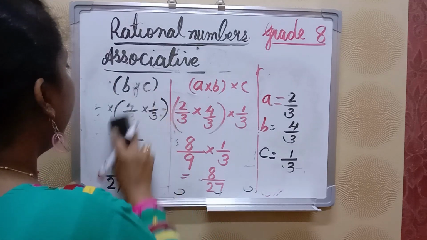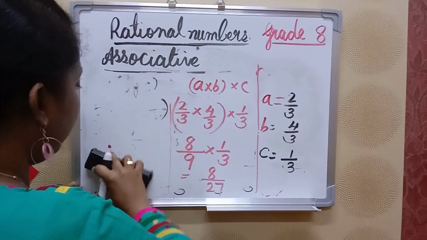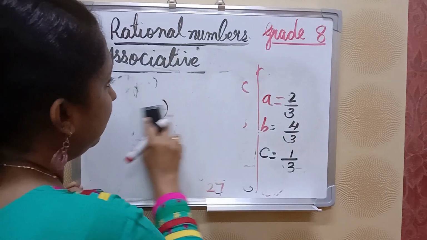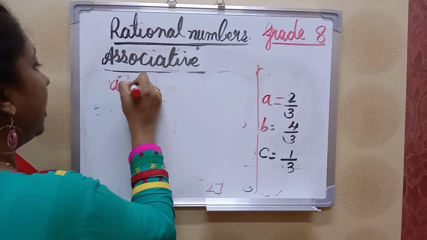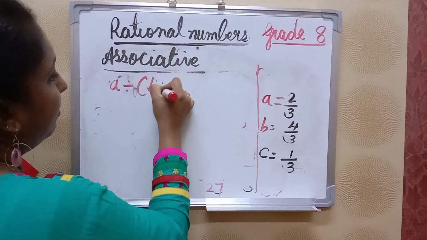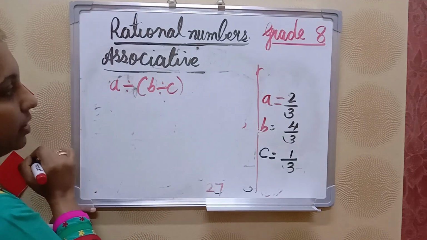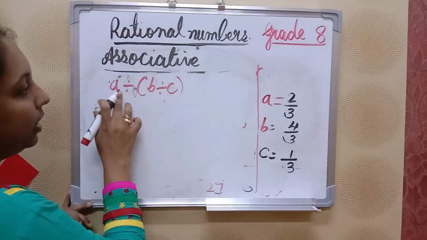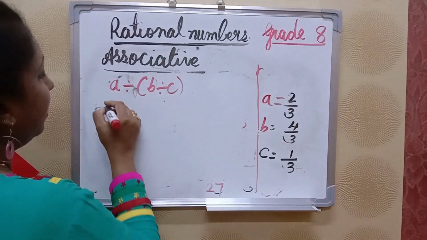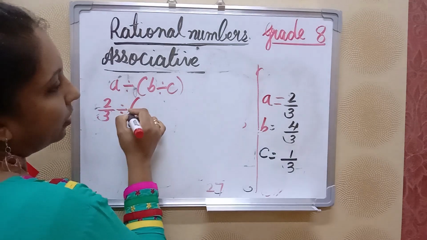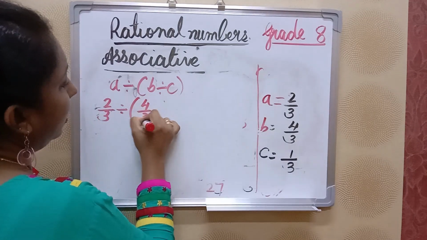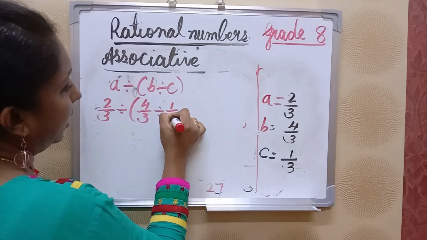Next, is division associative or not? We have to check now. Is a ÷ (b ÷ c)? You have to find first. a is 2 by 3, b is 4 by 3, c is 1 by 3. Bracket first: 4 by 3 divided by 1 by 3.